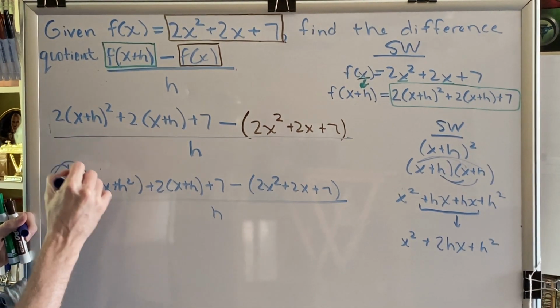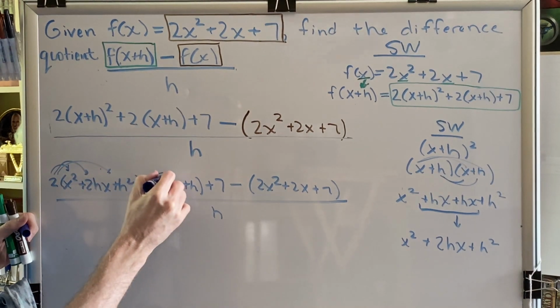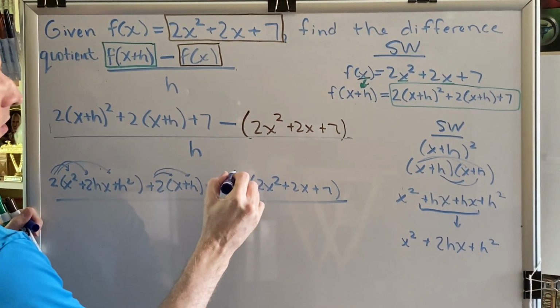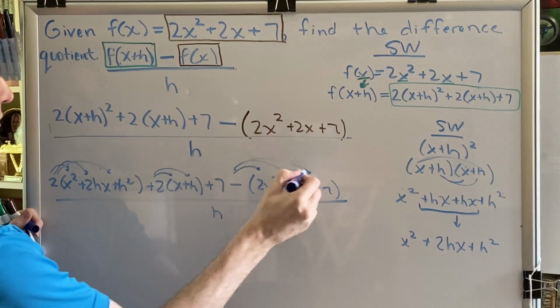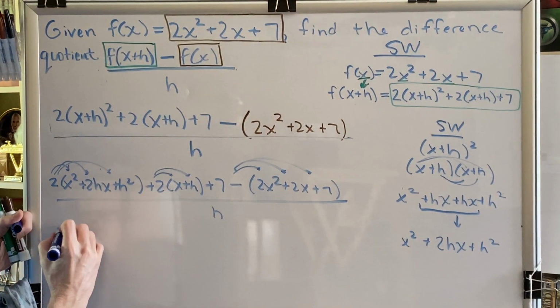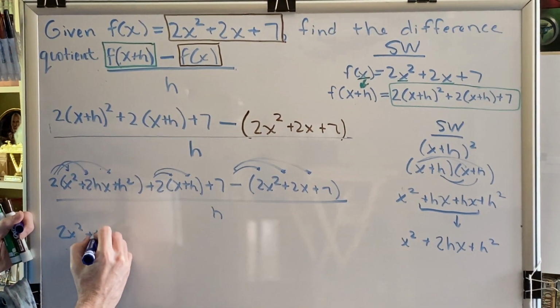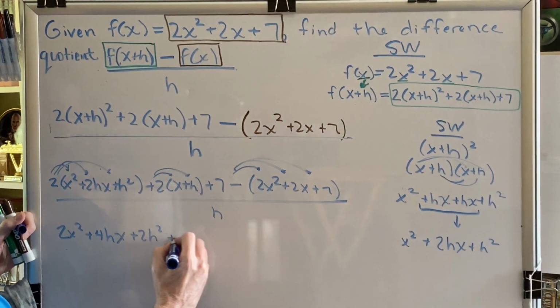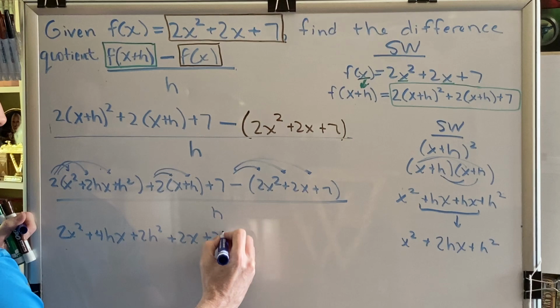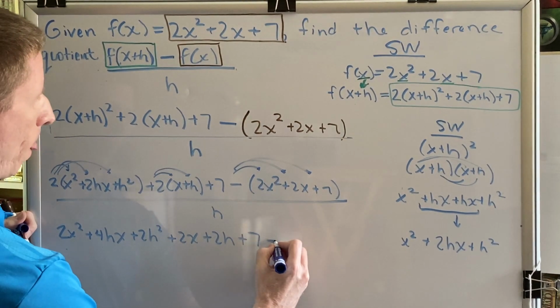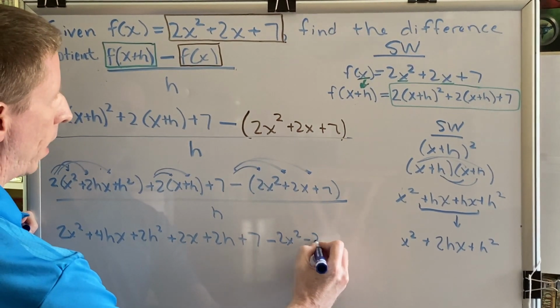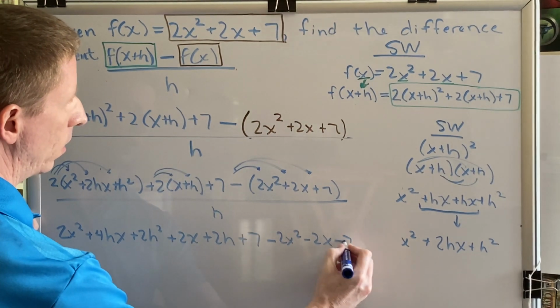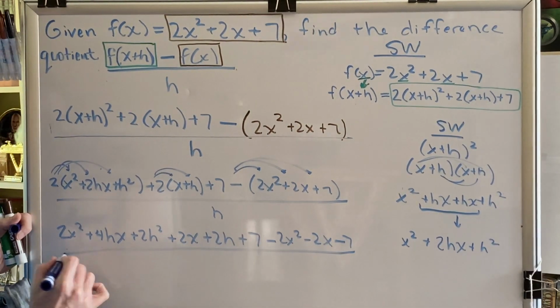So this 2 is going to distribute to those 3 terms. This 2 is going to distribute to those 2 terms. This negative is going to distribute to those 3 terms. So the result is 2x squared plus 4hx plus 2h squared plus 2x plus 2h plus 7 minus 2x squared minus 2x minus 7, all divided by h.